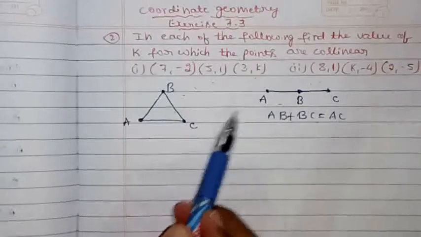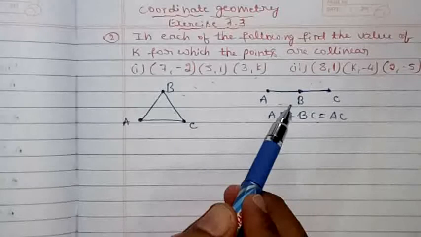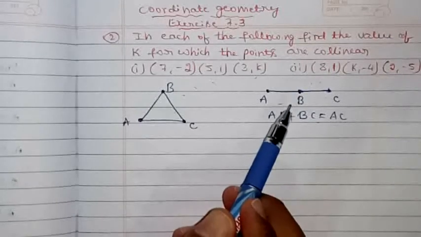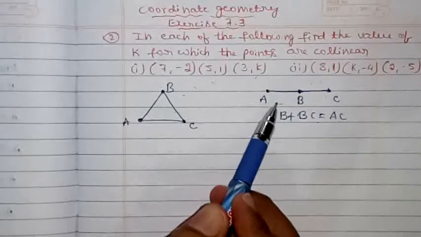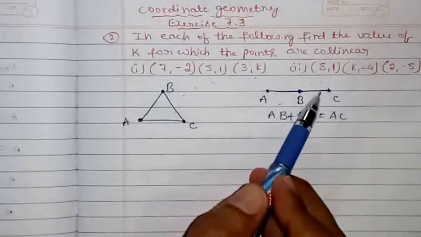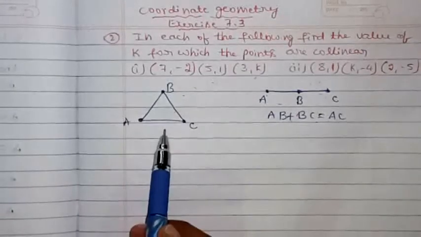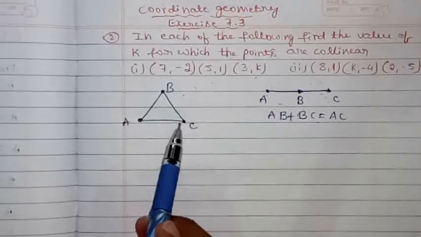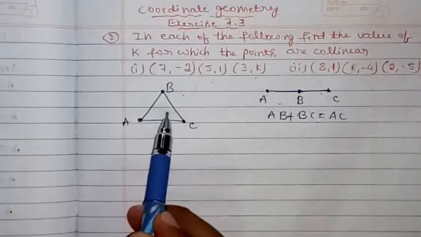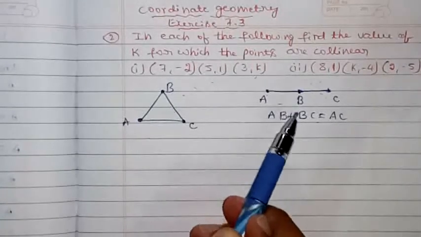So we can say the area of a triangle will be 0 for collinear points.